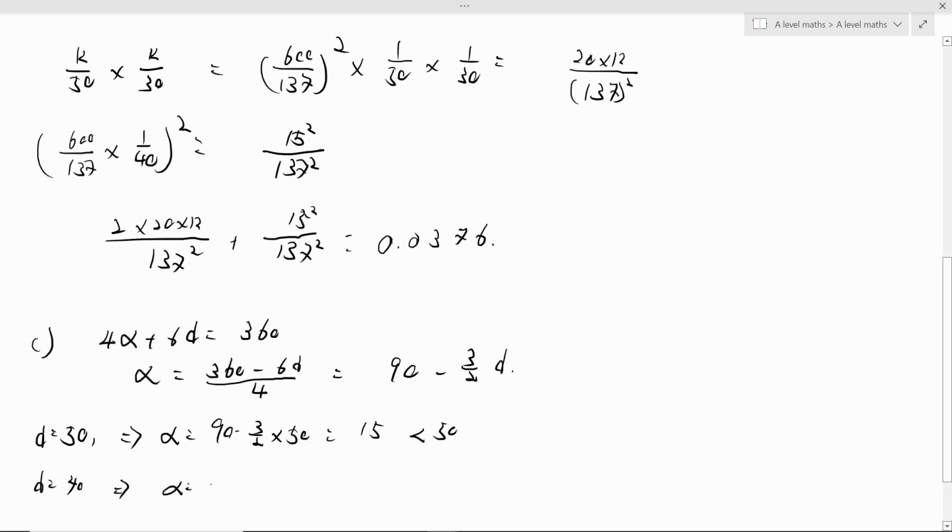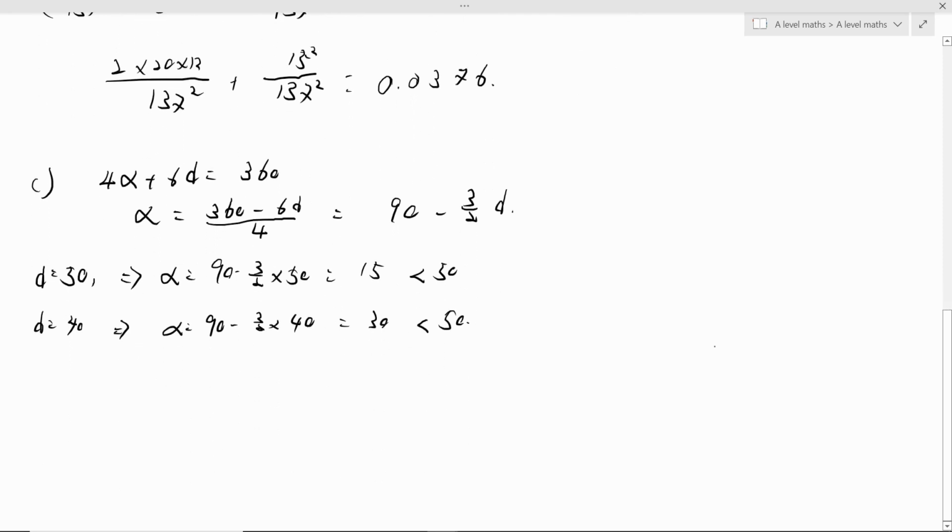Then alpha is 90 minus 3 over 2 times 40, which is 90 minus 60, and that is 30, still less than 50. And next one, d is 30, which implies alpha is 90 minus 3 over 2 times 30, that is 3 times 15, which is 45, and again that's still less than 50.